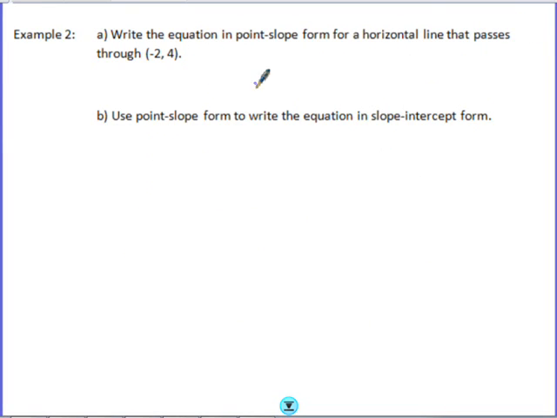Write the equation in point-slope form for a horizontal line that passes through (negative 2, 4). So again, here's my equation. In the ordered pair that I'm given, this is going to be x1, and this is going to be y1. We need a slope. Well, here's the clue for the slope. They tell us it's a horizontal line. So I know that every horizontal line has to have a slope of 0.